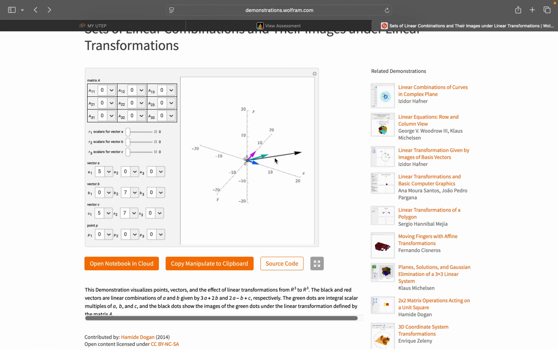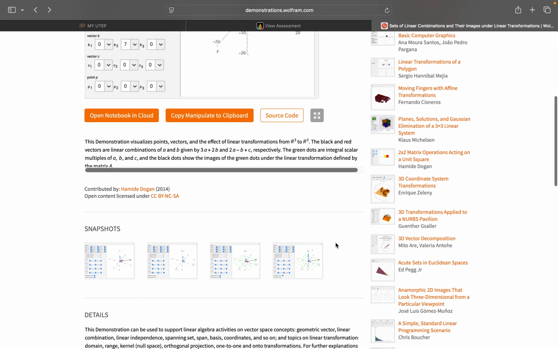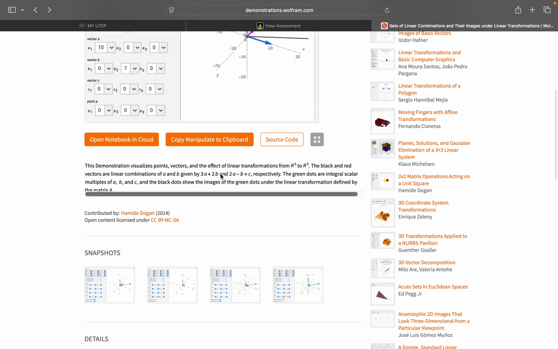Okay, so we have to find a vector that's, so I believe this would be up to 20. So our predetermined vector for u is 3a plus 2b.